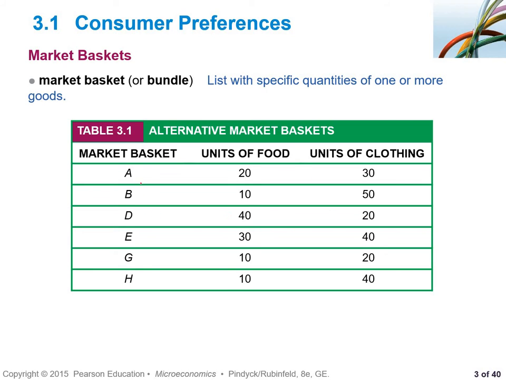Again, without any additional information, we cannot choose any of the market baskets A, B, and D, if we are comparing all of these market baskets with A.